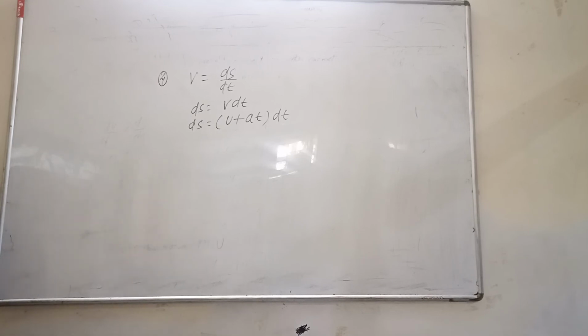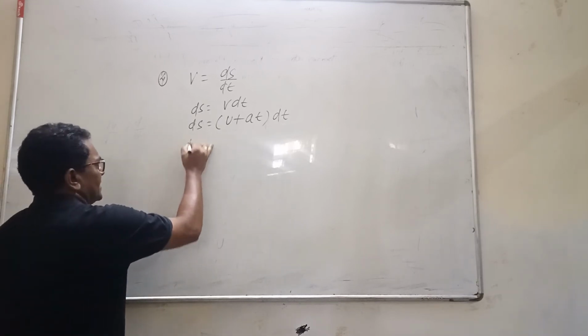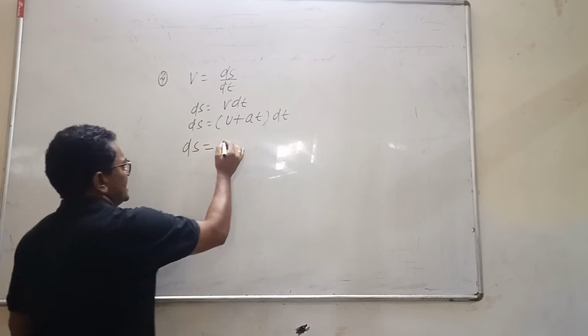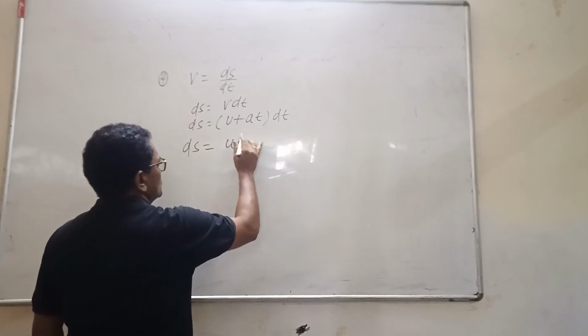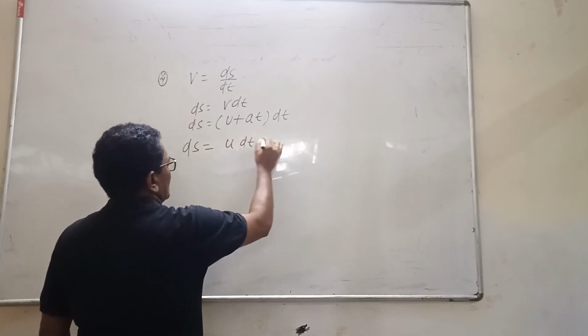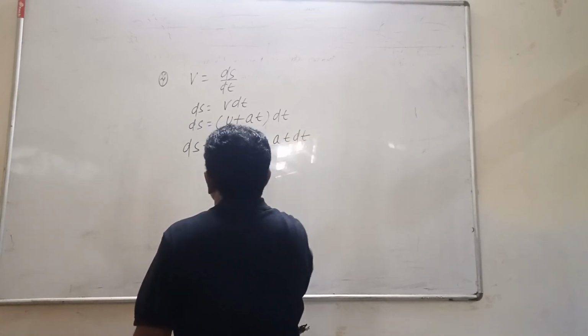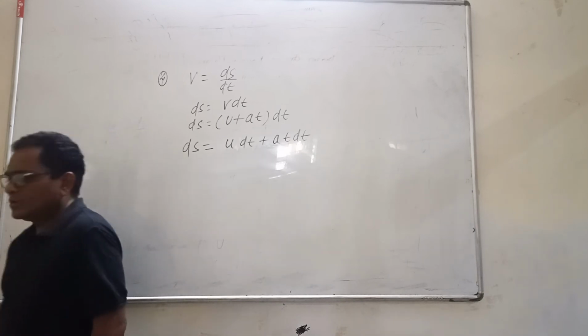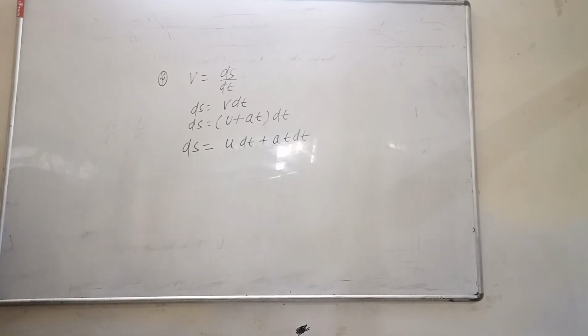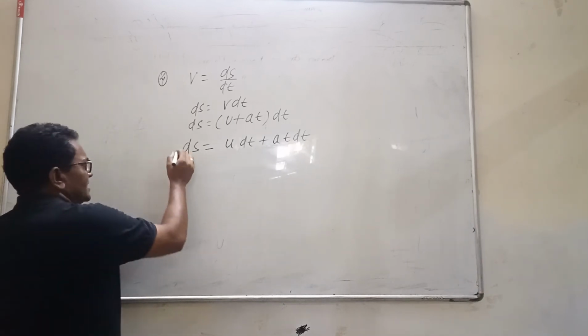Now use the limit. Firstly separate all these terms. ds equals u dt plus at dt. Now we have to use the integration sign.